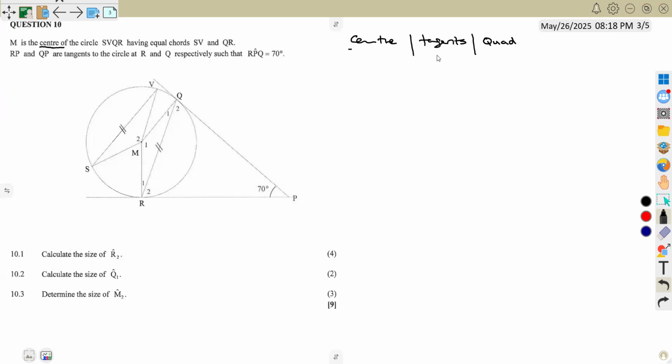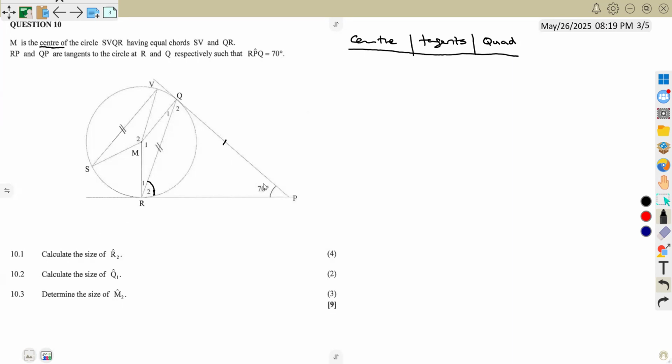From these theorems, if we go to the specific answering of the question, the first is to calculate the size of R2. Here is our R2. We are told RP is a tangent, and QP is a tangent. We now have two tangents from the same point.